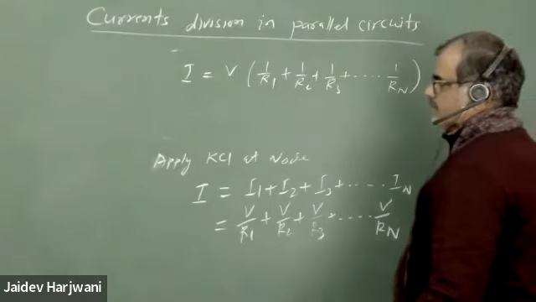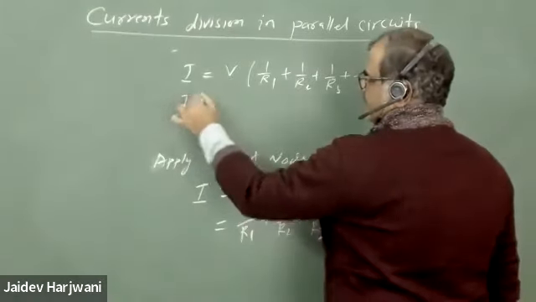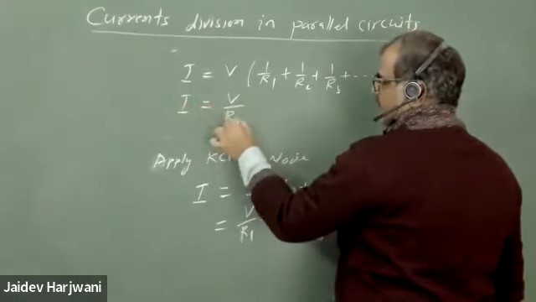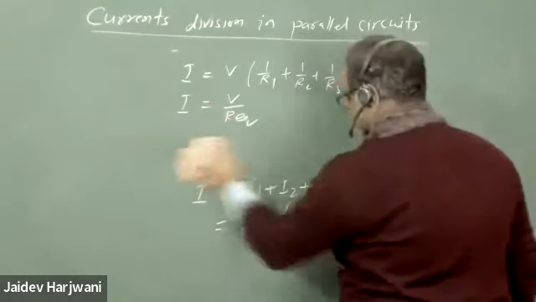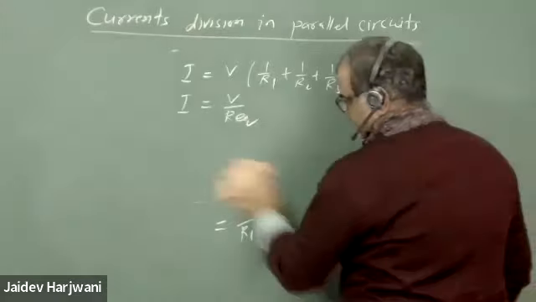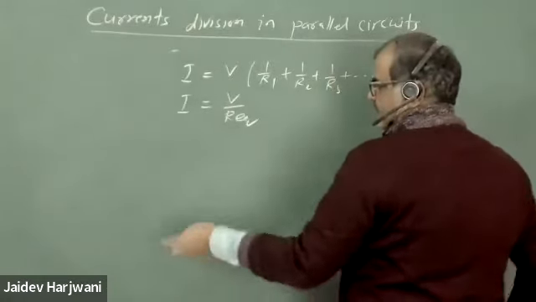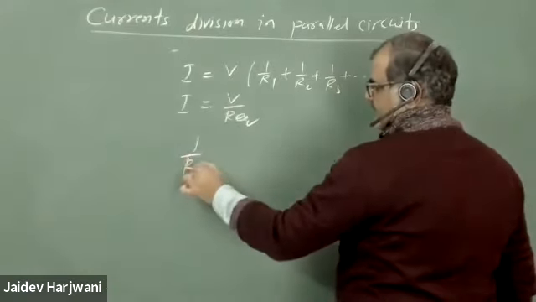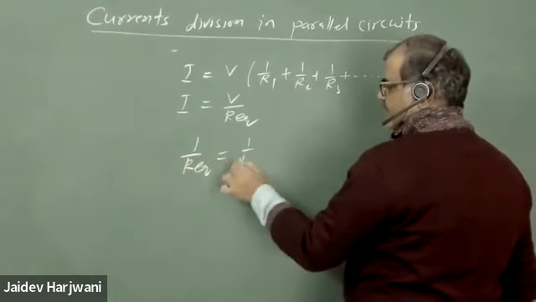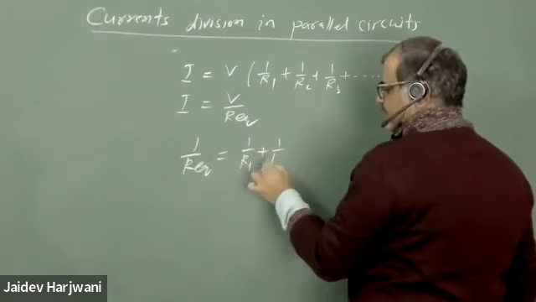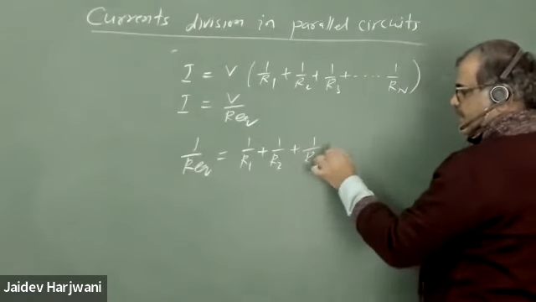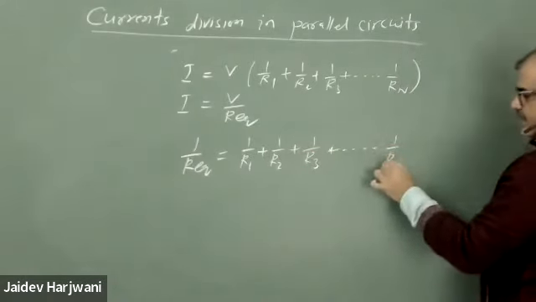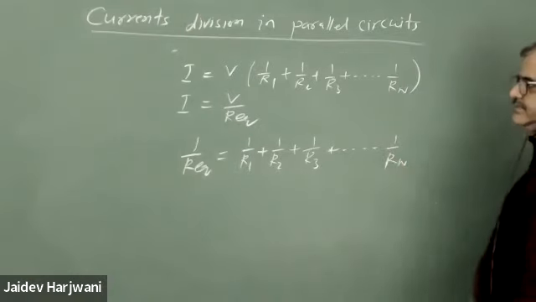Now you can write this V is equal to I into R equivalent. Where, when the resistances are in parallel, their equivalent resistance is given by 1 by R equivalent equal to 1 by R1 plus 1 by R2 plus 1 by R3 and 1 by Rn.